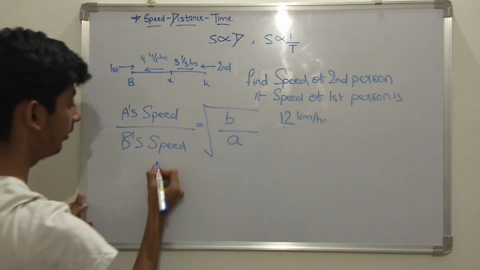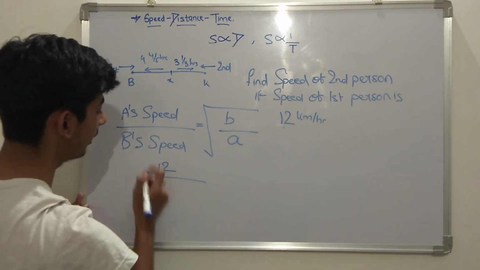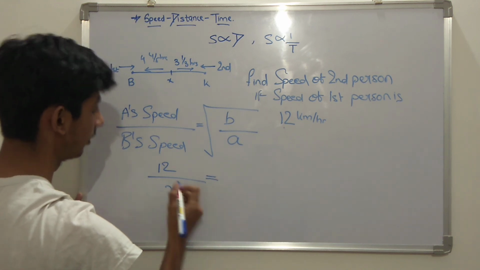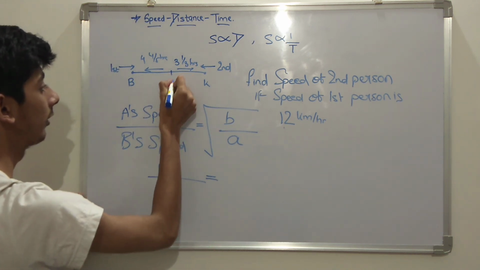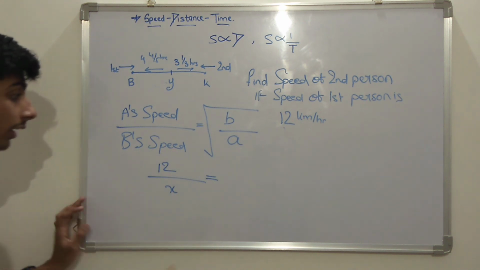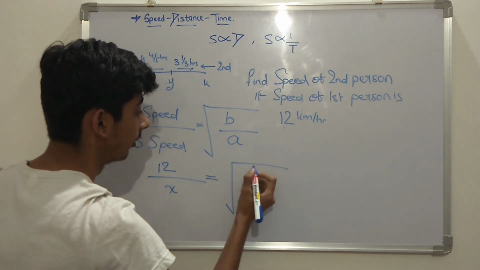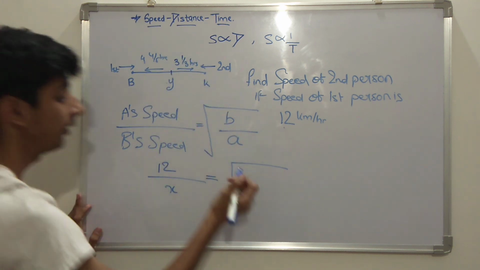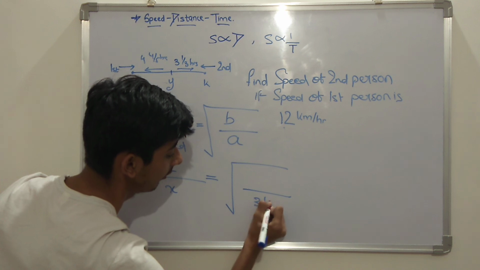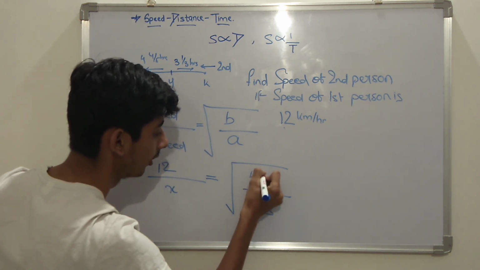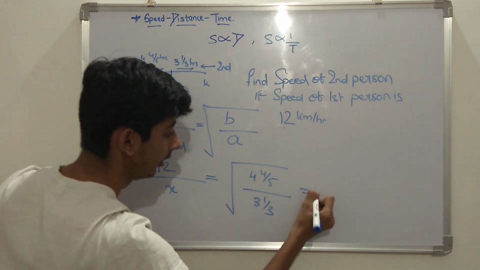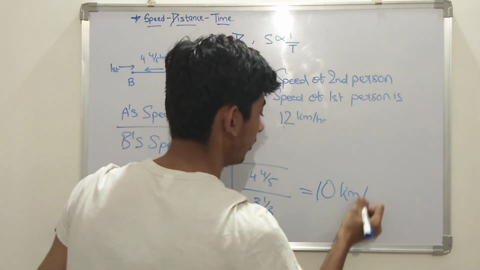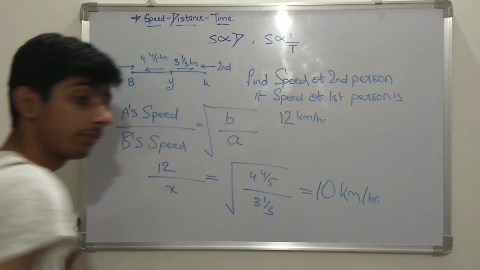So if the first person's speed is 12, the second speed is to be found, so we write it as x. Oh, we cannot take this x, so we take this as y. So if this is y, and the root of the distances he covers after they meet, that is root of 1 by 3 and 4 by 5, we get the answer as 10 kilometers per hour.